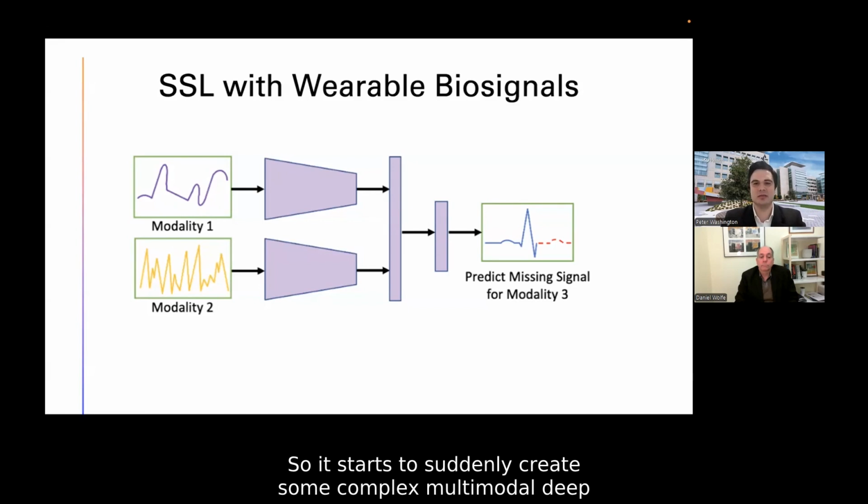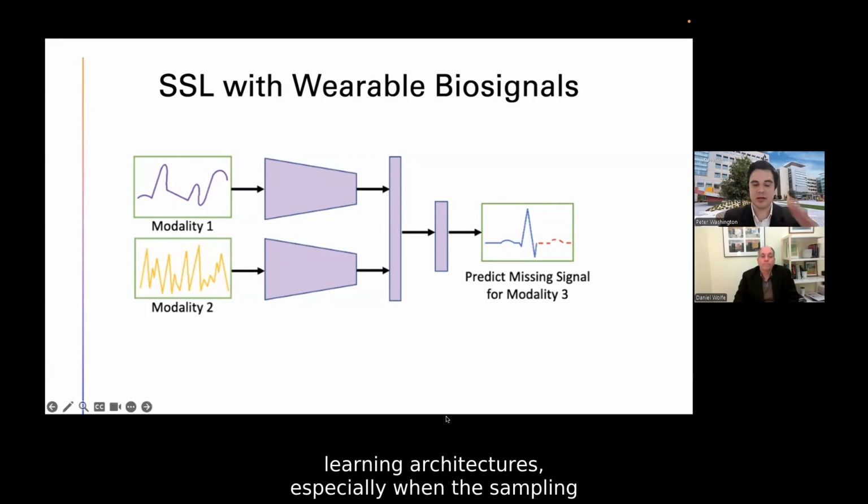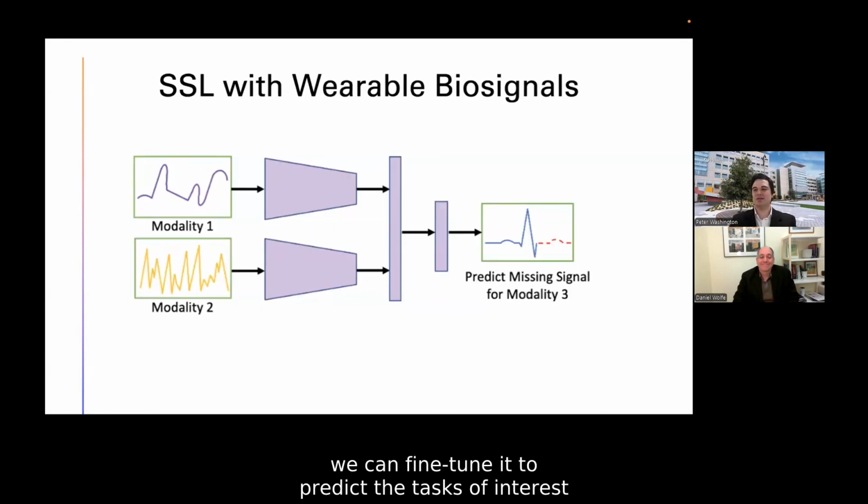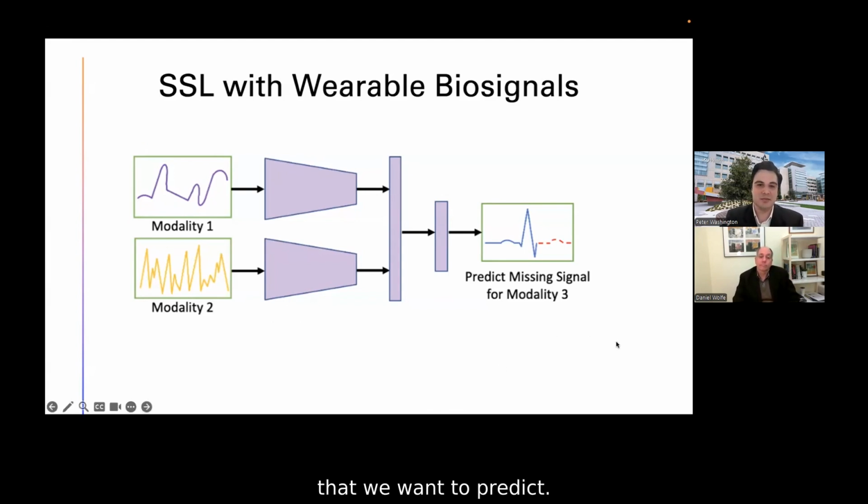It starts to create some complex multimodal deep learning architectures, especially when the sampling frequency is different for each of the modalities. But it's not too complex. I'm sure all the CPH students could figure that out really easily. Once we have these sorts of models, we can fine-tune them to predict the tasks of interest that we want to predict.